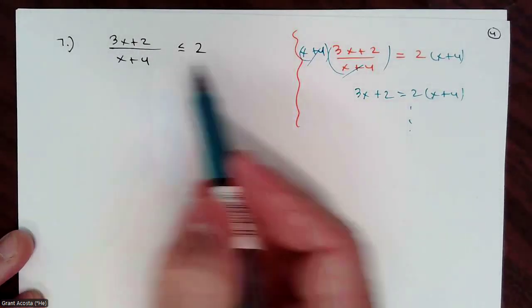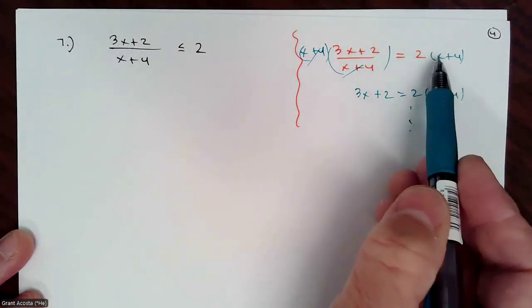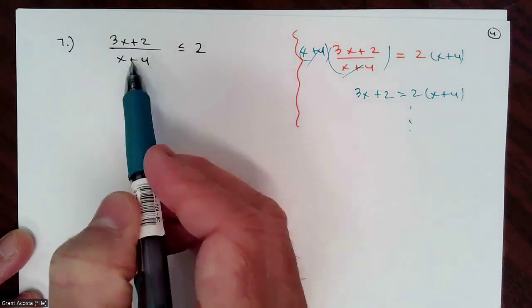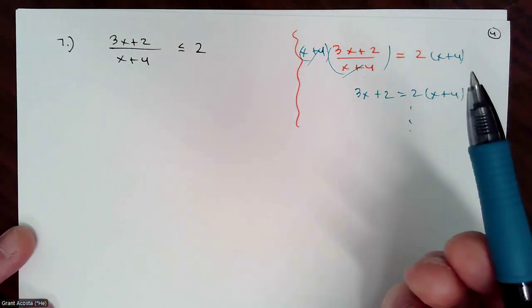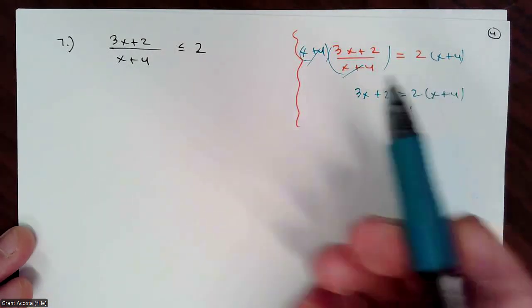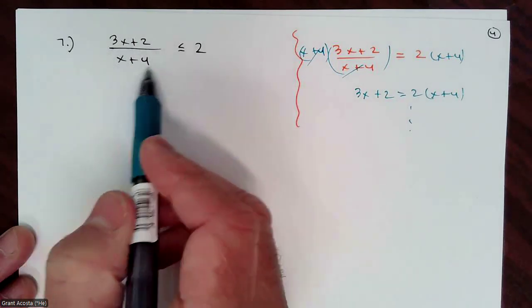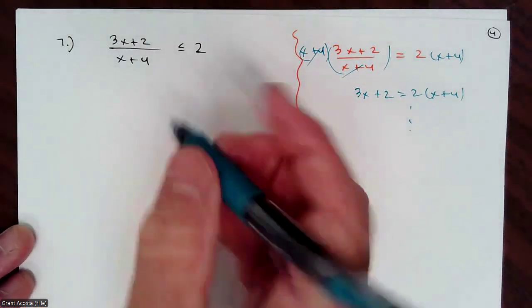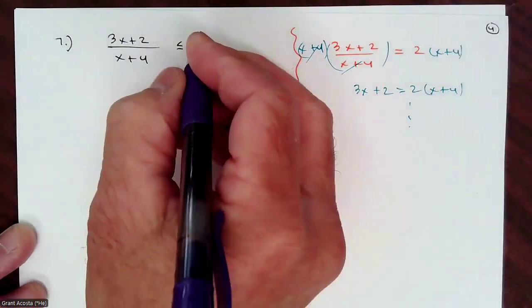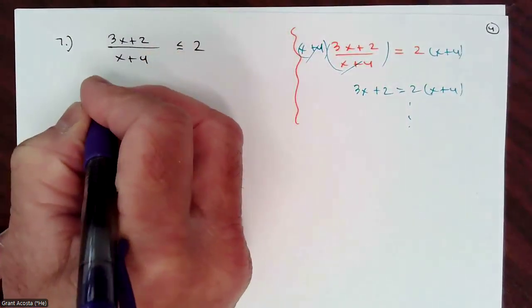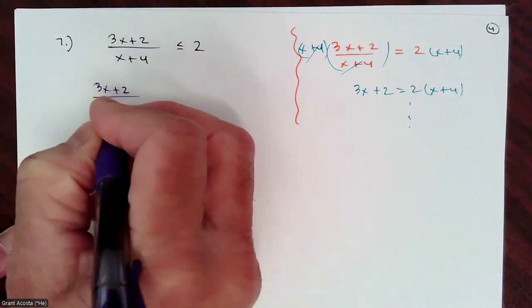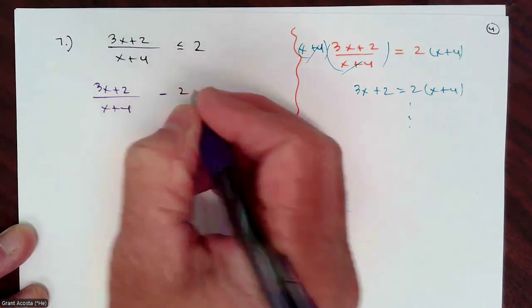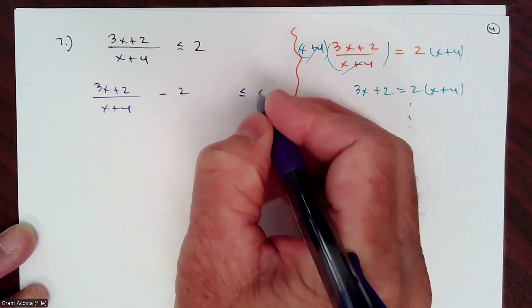So because we don't know what x is yet, we might be multiplying by a negative number when we do that, or we might be multiplying by a positive number. So we're not allowed to multiply both sides by x or anything with x. So what does that leave us with? We're going to move this 2 over. And that's going to make this less than or equal to 0.